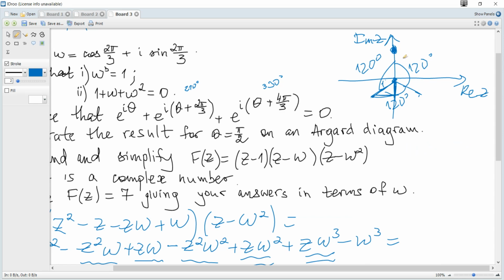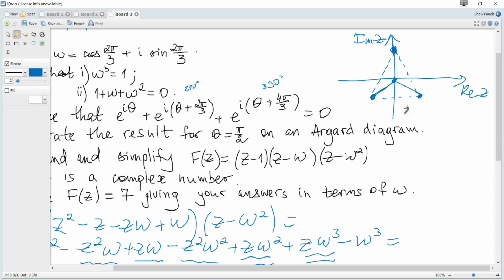But finally we can see that these three complex numbers form an equilateral triangle. It's because this angle is 120, this is 120, this is 120, and this is 1, this is 1, and this is 1.